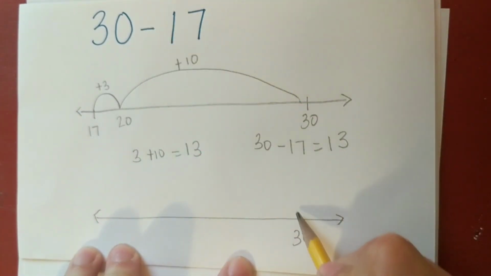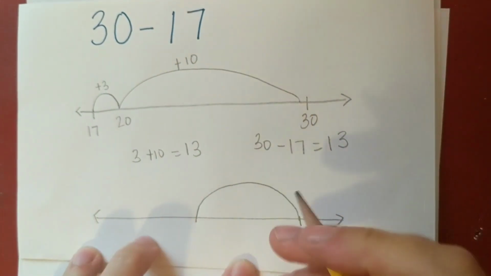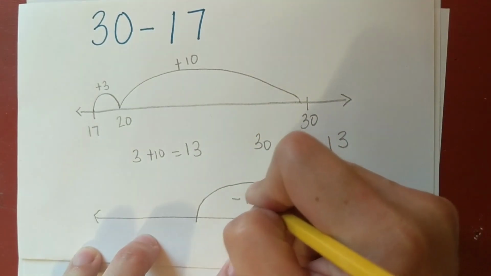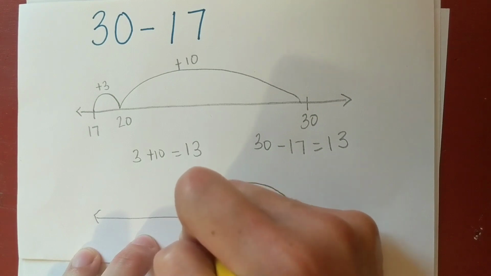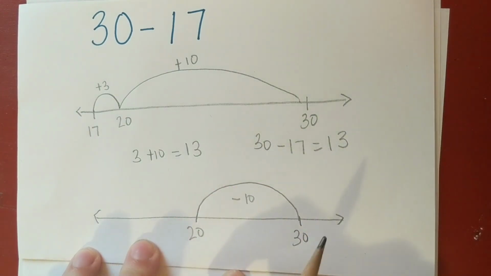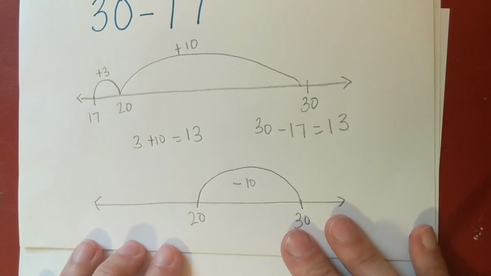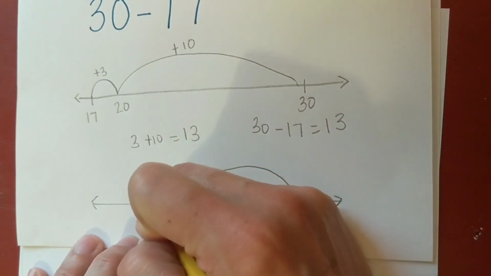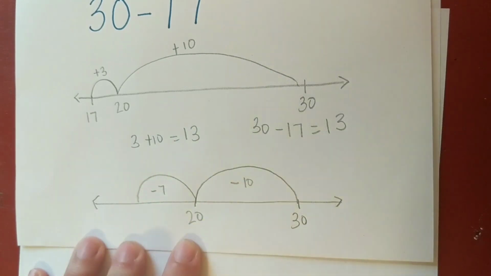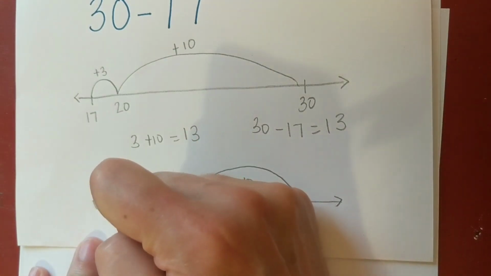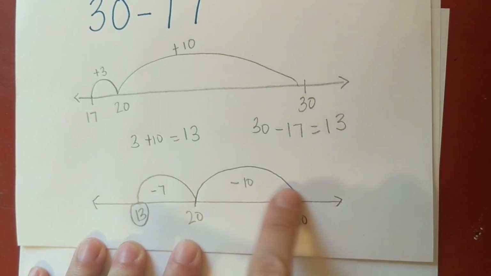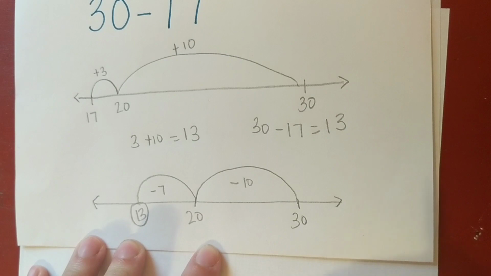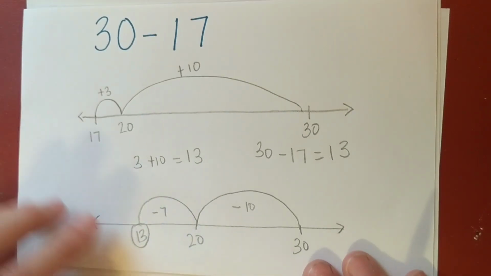So this time I'm going to go backwards on the number line. 30 minus 10 is 20. And then I want to take away 17 altogether. So now I have to think, what is 20 minus 7? 13. Look at that. I found the same answer even when I went backwards and used the number line going backwards.